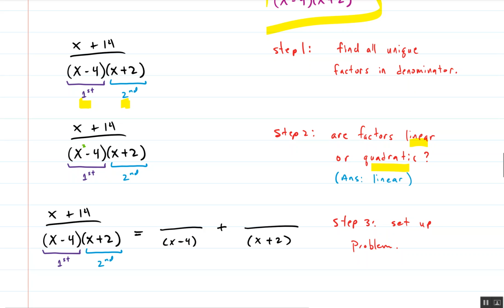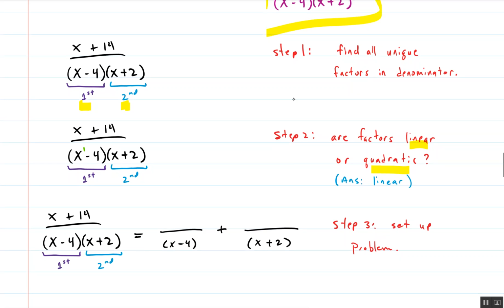But we don't see a 2, we just see nothing. So we know that there is just a 1. So the answer to this question is they're linear. So that's good. We know that we are in the correct category and we can follow the steps here. So we've got 2 unique linear factors.